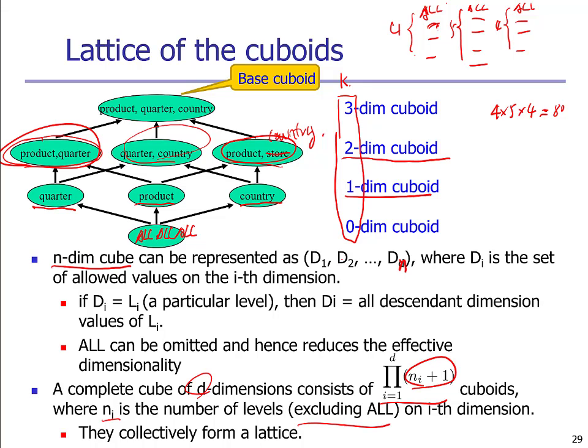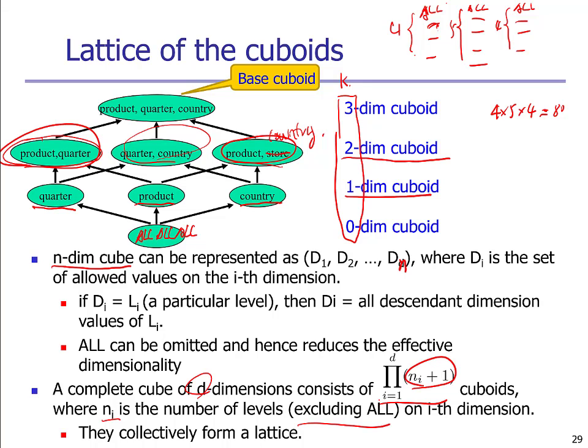When we talk about a k-dimensional cuboid, the only thing we care about is which dimensions we use to build the cuboid. For example, we have 3 dimensions in this example: product, quarter, and country. If we consider a 2-dimensional cuboid, then it means we take any 2 of them. That's why we have 3 possible cuboids in this case.